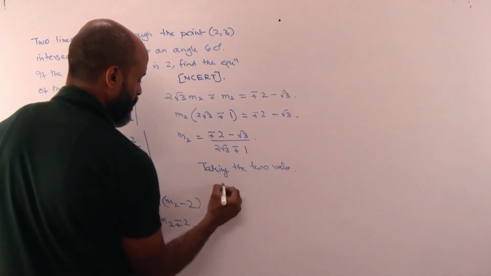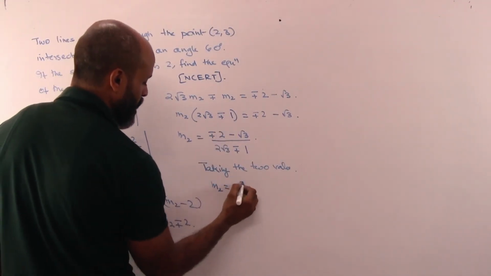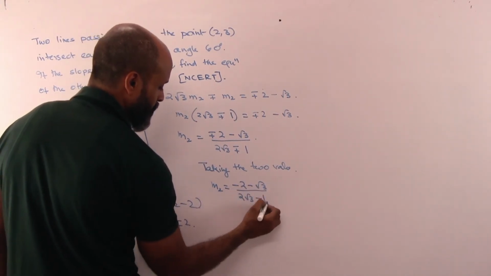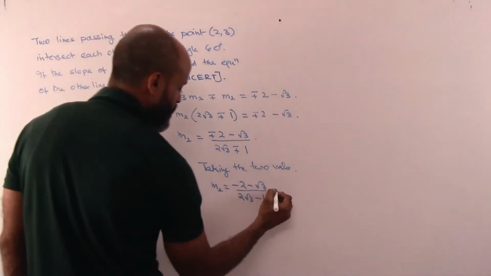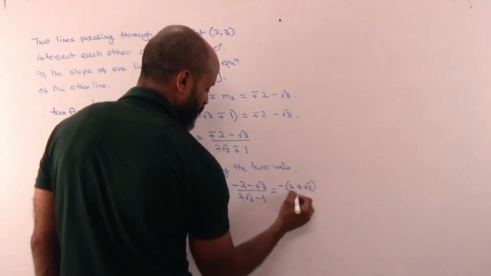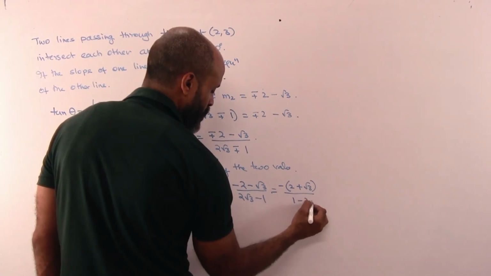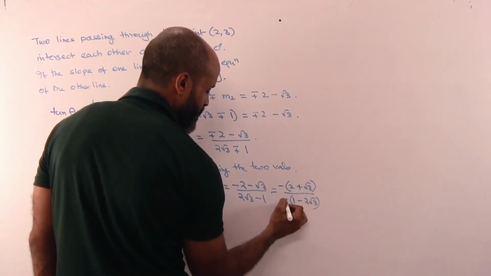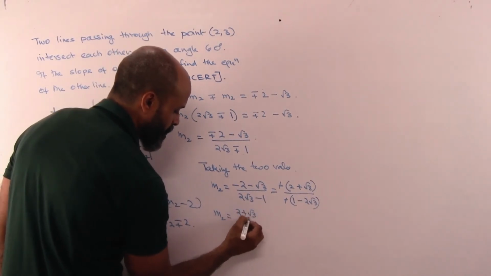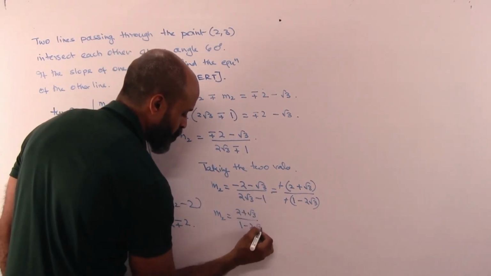Which one will be? m2 is equal to minus 2 minus under root 3 upon 2 under root 3 minus 1, which can be written as minus, if we take common, plus under root 3 upon 1 minus 2 under root 3. We take the minus here common. So m2 will be equal to 2 plus under root 3 upon 1 minus 2 under root 3.